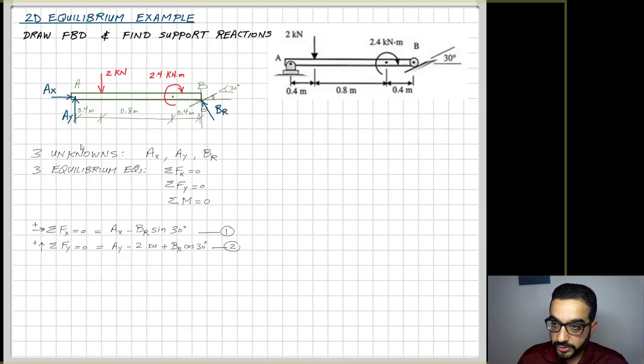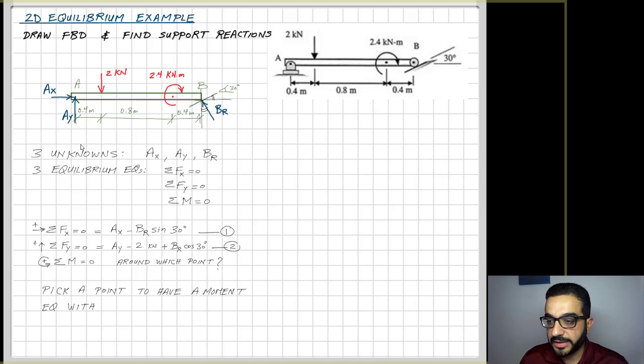So now when I try to apply the sum of the moments, the question here is around which point. So you have to pick a point to apply the sum of the moments. Unlike the sum of forces, where you have a direction to focus on, here it's the sum of moments around a point. So my recommendation is to pick a point that will result in the least number of unknowns in that moment equation.